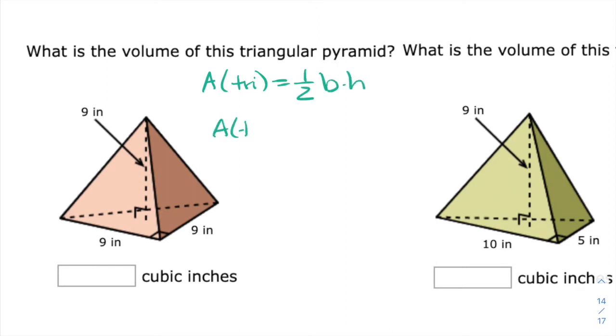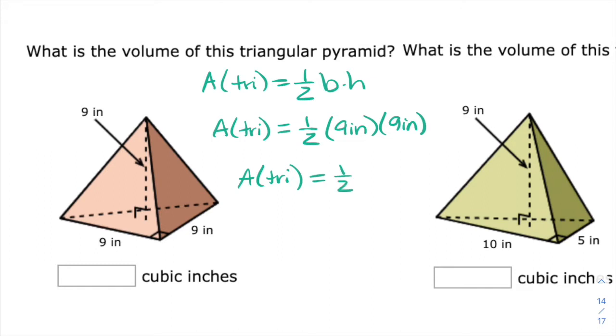The area of a triangle is 1/2 9 times 9. So 9 inches times 9 inches. So area of my triangle is half of 81 inches squared.